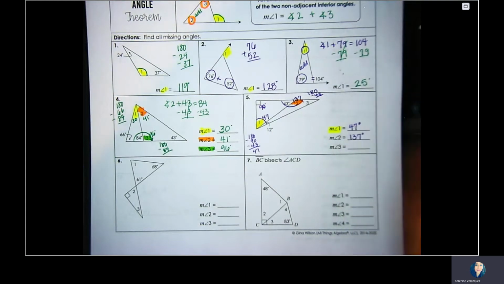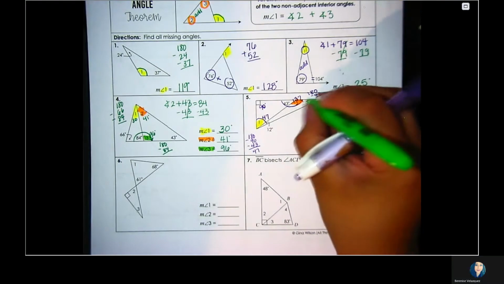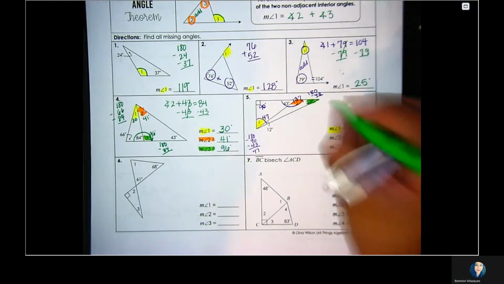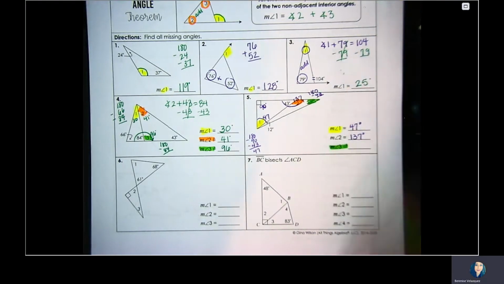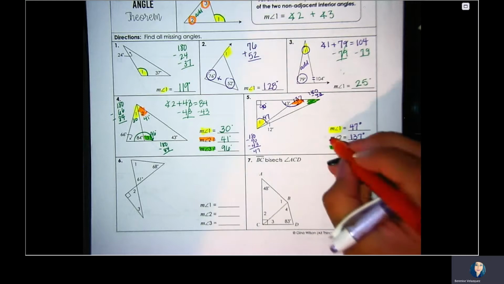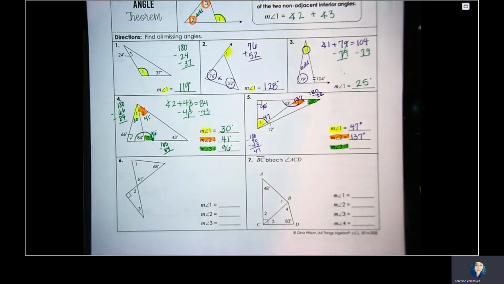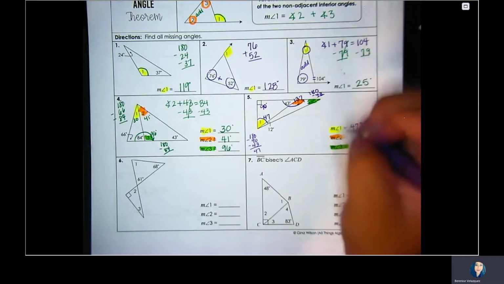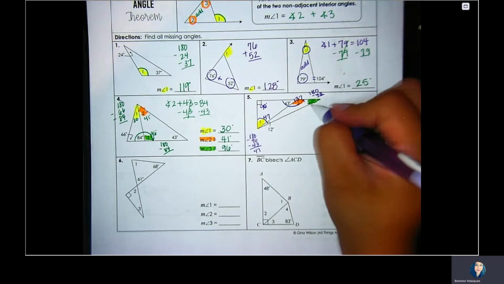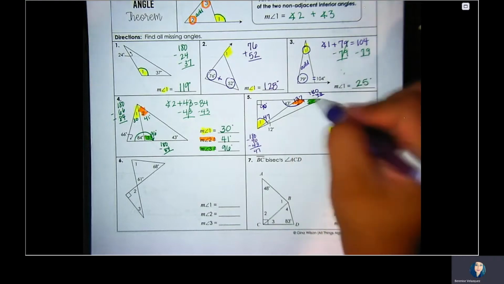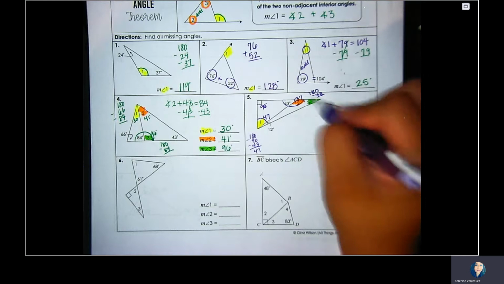Next part is angle 3. Okay, so I'm finding angle 3 now. Let's look at what we have in our pictures. So angle 3 here is in this corner. I have 2 angles on this triangle.